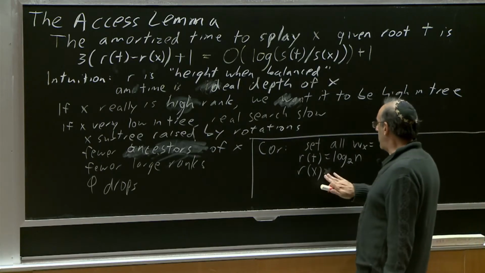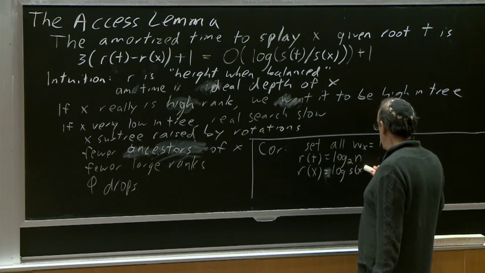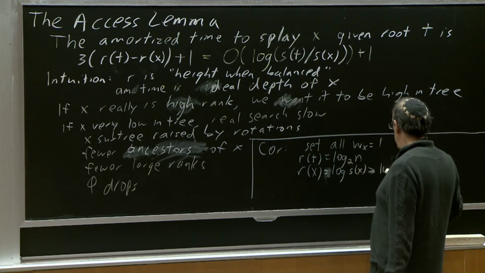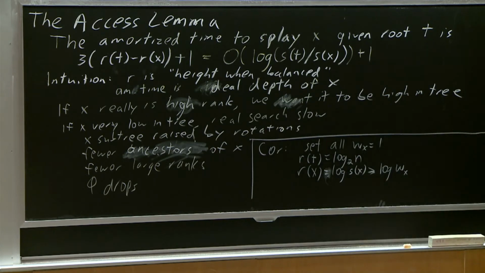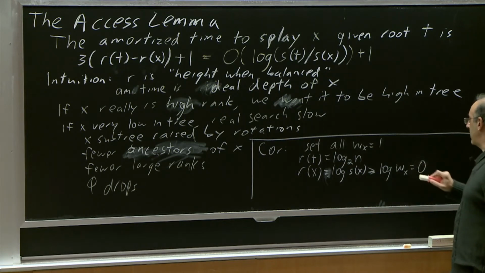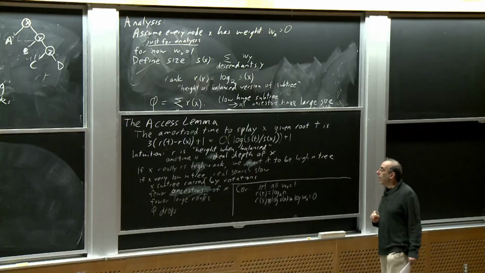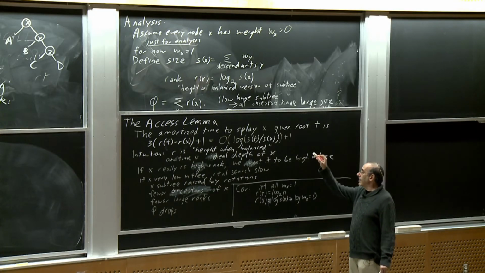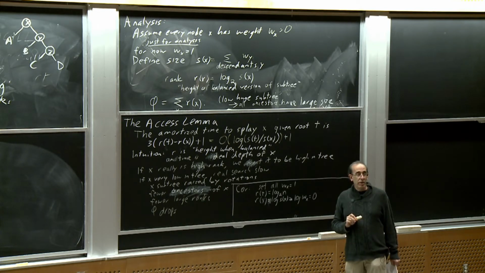So r of x, which is just log of s of x, is at least the log of wx because x is in its own subtree. So the size is at least wx, which in this case is 0. So this access lemma immediately tells us that the amortized time to splay a node to the root is log n.